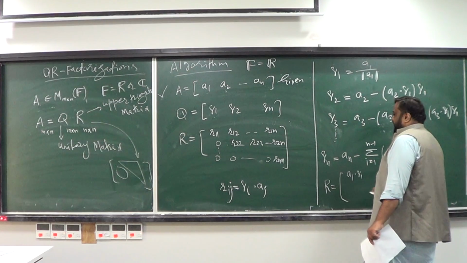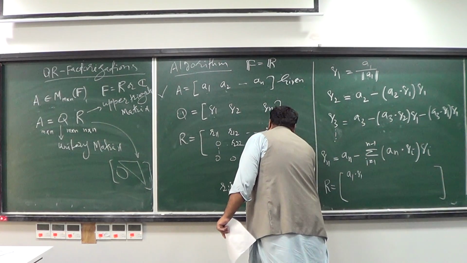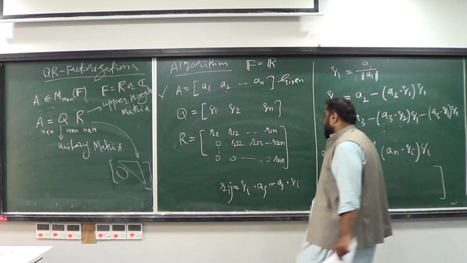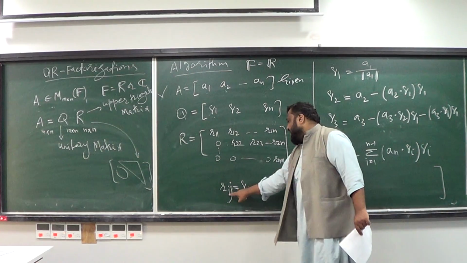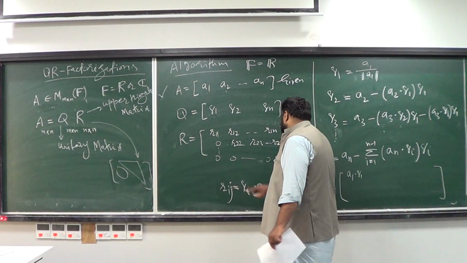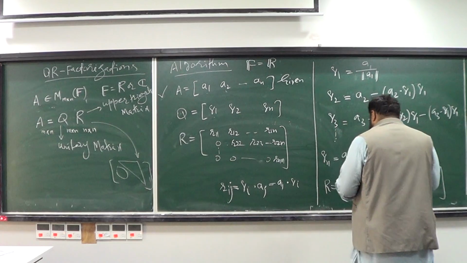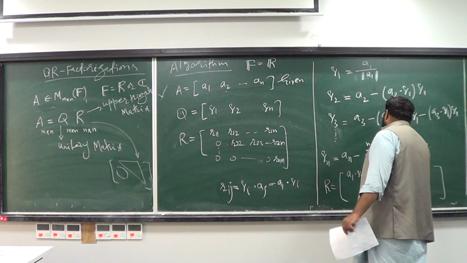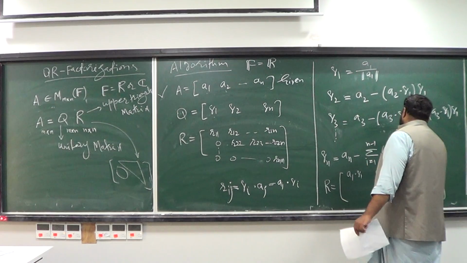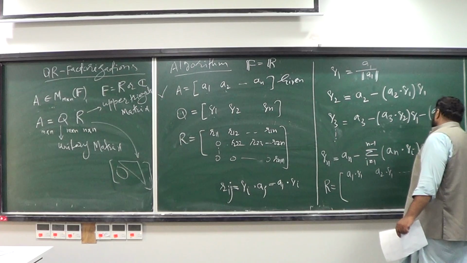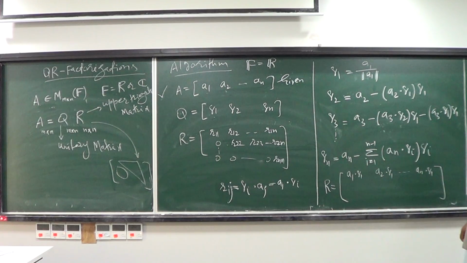Or I can also write this as Aj dot Qi. Okay, so R11 is going to be A1 dot Q1. R12 is going to be A2 dot Q1, up to An dot Q1. Okay, this is the first row.